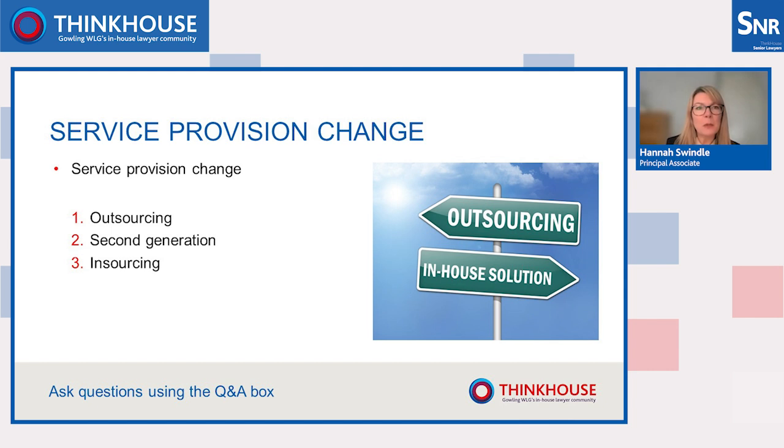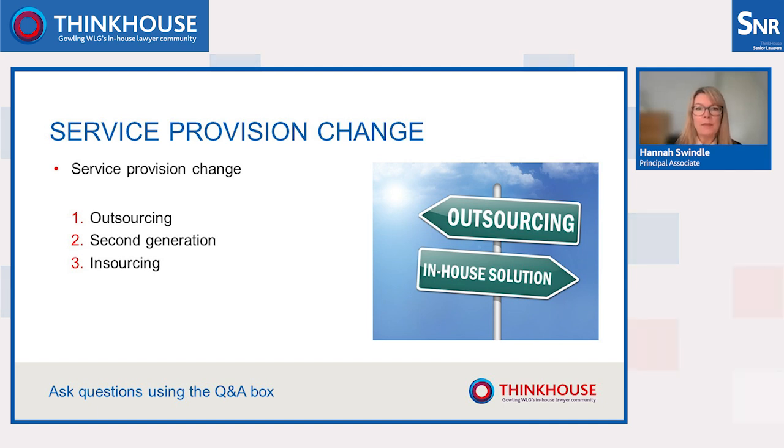And that's sometimes called a second generation outsourcing. You're transferring activities or services from one contractor to another. And then finally, it can apply to an insourcing. So activities or services that were previously provided by a contractor, the client decides they now want to take that activity, those services back in-house and do them themselves.